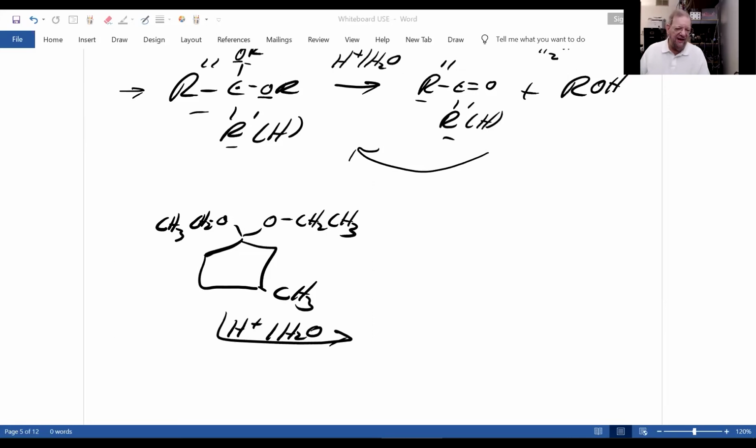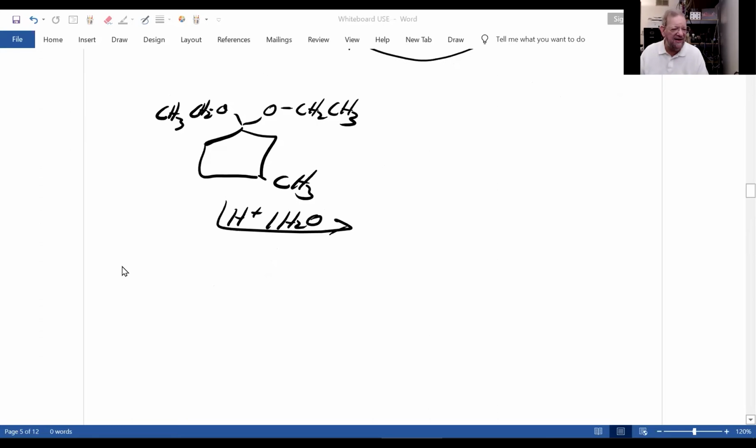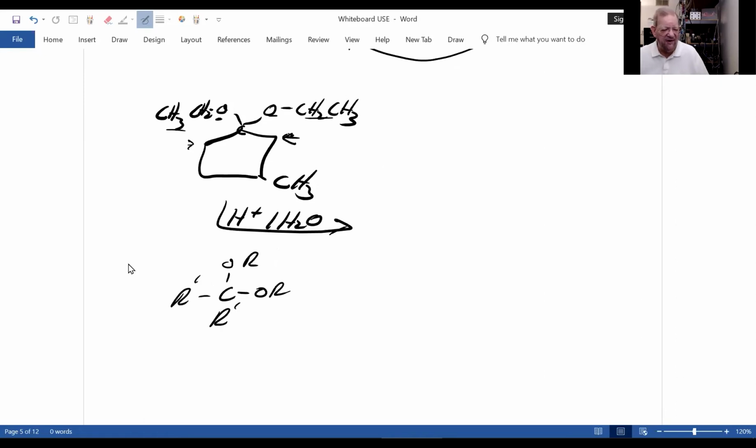Now, I keep on saying this, but it's one of the most important things in organic chemistry. Look for what's different. What's not a carbon-carbon single bond or carbon-hydrogen should get your attention. Ooh, oxygen, oxygen, both single bonds to the same carbon. And then carbons on those oxygens. And that carbon has carbons here, which I'll call R prime and R double prime.